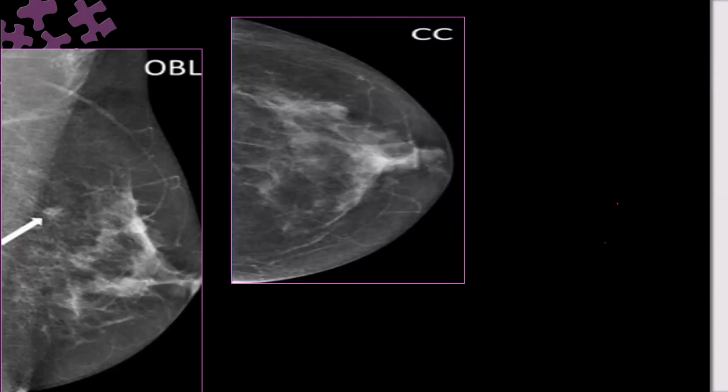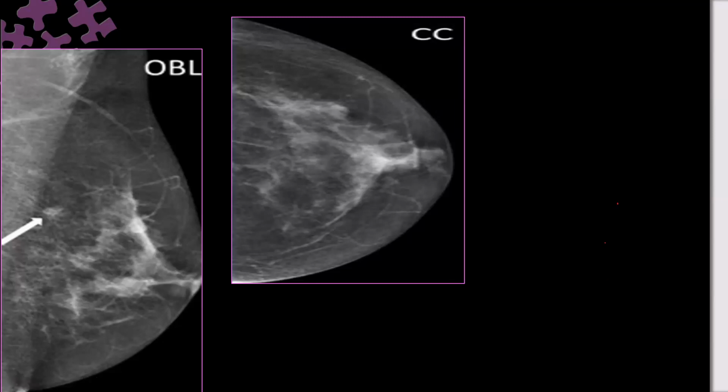On MLO, you divide the breast from the nipple by the posterior nipple line. Above that line is superior, and below that line is inferior. So you can imagine it is just above the nipple, extreme posterior, central to upper.